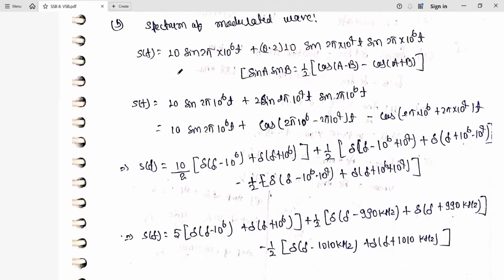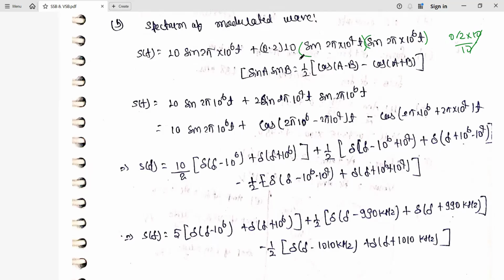So now that expression of the modulated wave, we are going to separate. We are going to multiply with sin 2π fc t. So the first term is 10 sin 2π 10 to the power 6 t. And the second term we have 0.2 into 10 sin 2π 10 to the power 4 t, and another sin 2π 10 to the power 6 t. Now if you simplify, 0.2 into 10 is going to be 2.